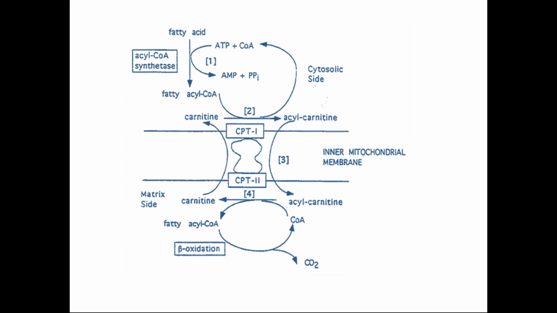Let's revise the activation part, that is the initial stage of the beta oxidation of the fatty acid. The activation occurs in the cytosol, where the fatty acid is converted into fatty acyl CoA with the help of the enzyme acyl CoA synthetase.